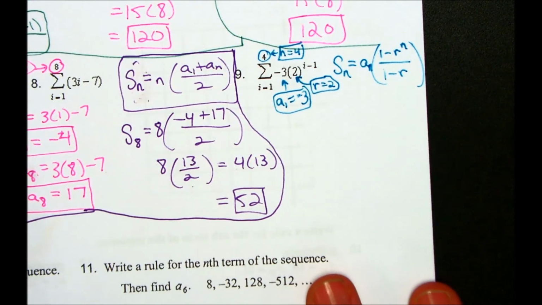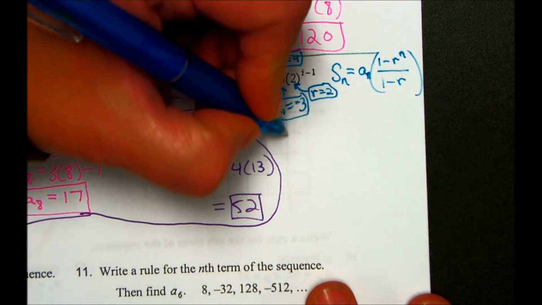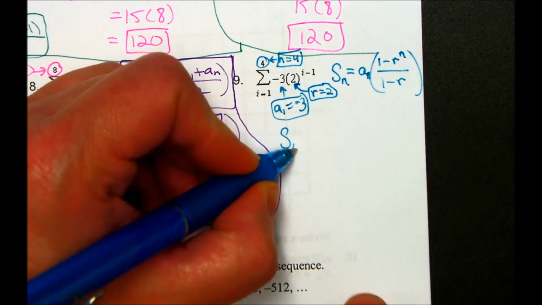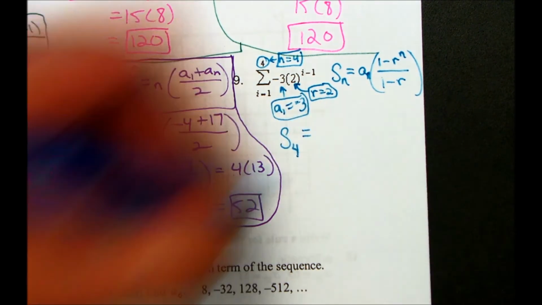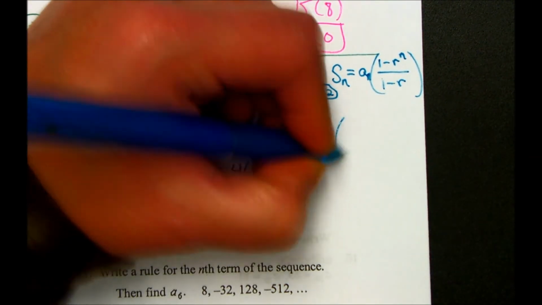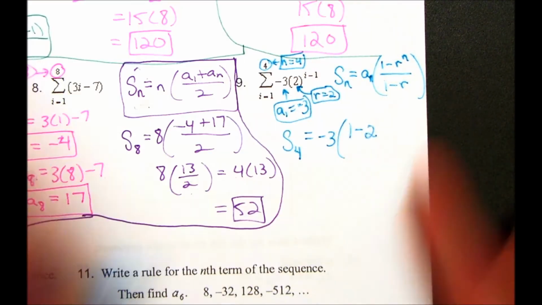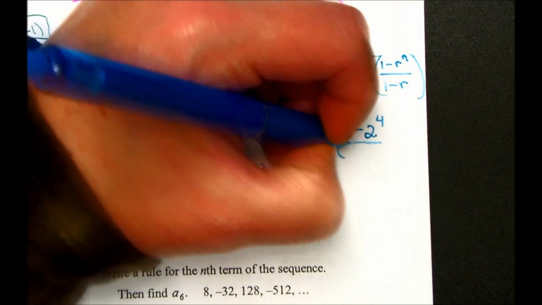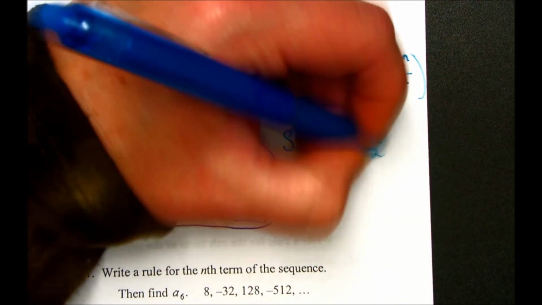We don't have to calculate the first and last term like we did with the last problem. So now I can substitute n with 4. A sub 1 is negative 3. And then 1 minus r, which is 2, to the nth power, and n is 4, over 1 minus r, which again is 2.